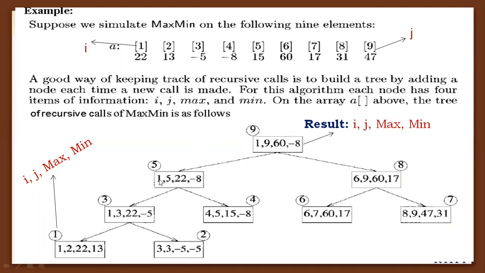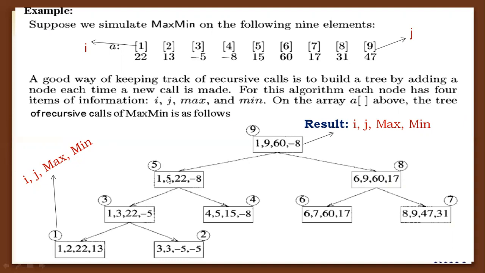In the left side sub array 1 to 5, we consider only the first 5 elements. So 1 is the i value and 5 is the j value, the first array index value is 1 and the last array index value is 5. Why?